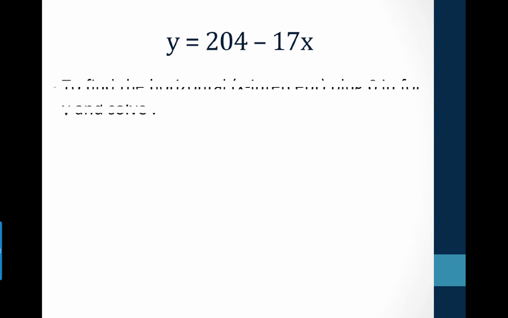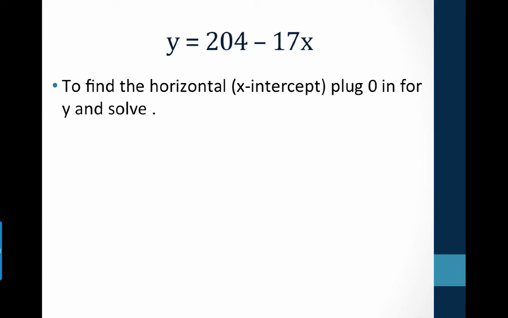Okay, so then you are asked to find the horizontal, the x-intercept. By previous examples, we saw plug 0 in for y and solve. So go ahead and do this on your own.